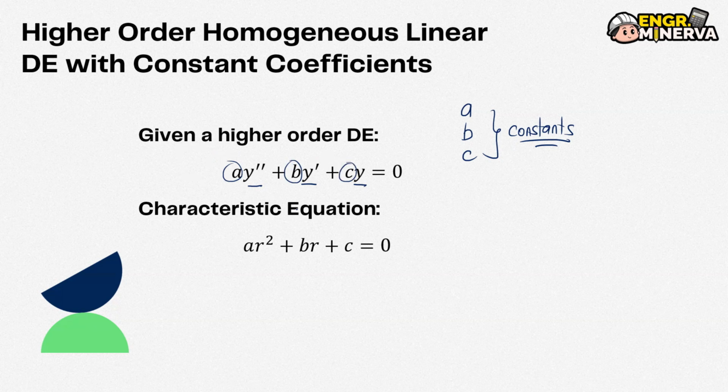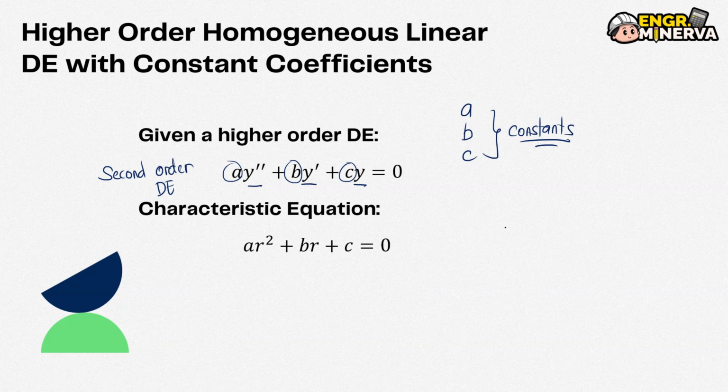So if we are given a higher order DE, in this case, this is a second order DE. Why is it second order? Because the highest derivative is the second derivative.